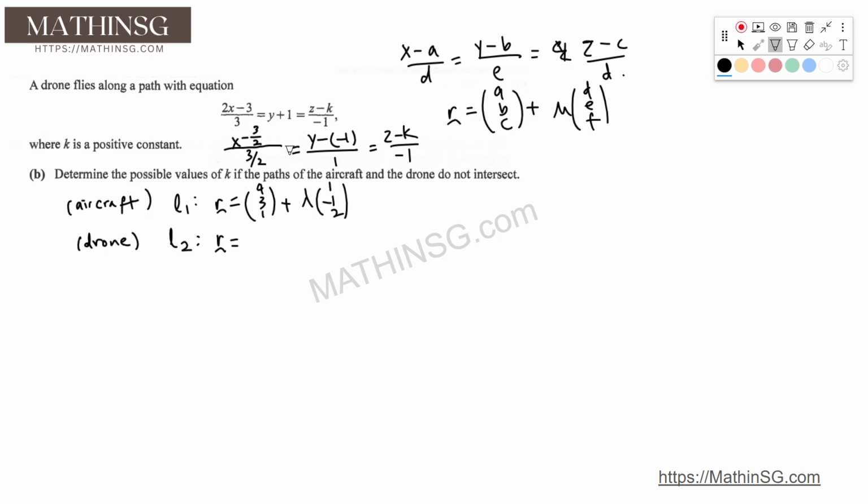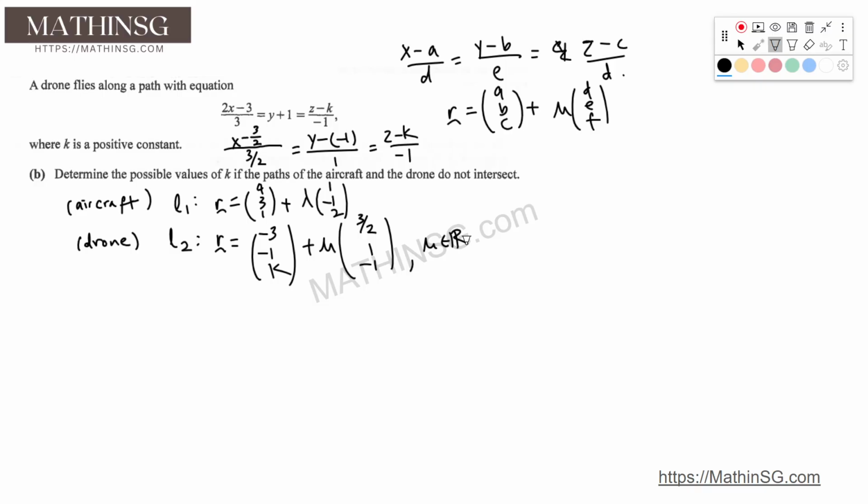So rewriting the Cartesian equation of the drone into vector equation, we will have (3/2, minus 1, k) plus mu (3/2, 1, minus 1), and mu is real.